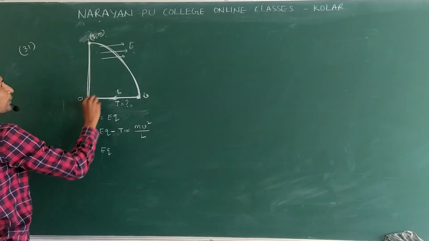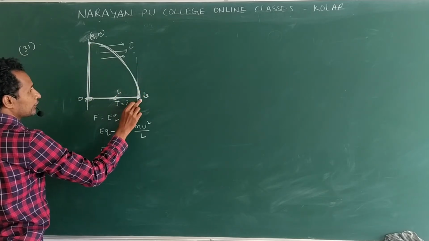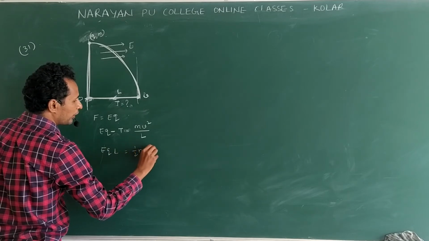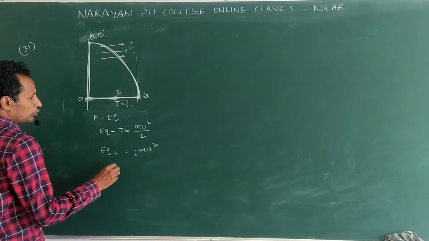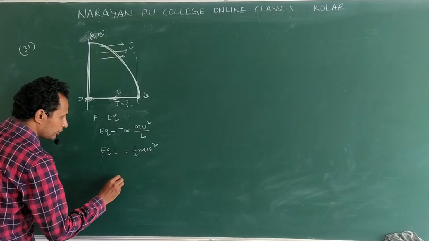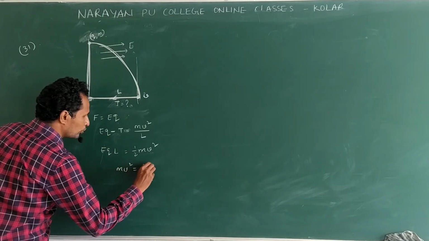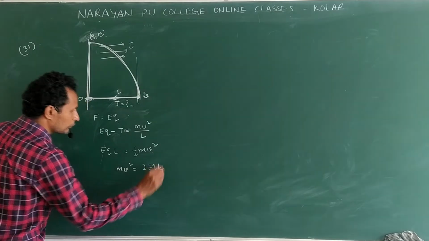What is the displacement, from initial to final? L. This is equal to half mv square. So making mv square the subject, mv square is equal to 2EQL.